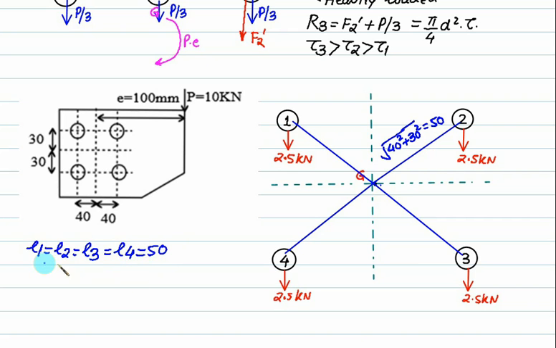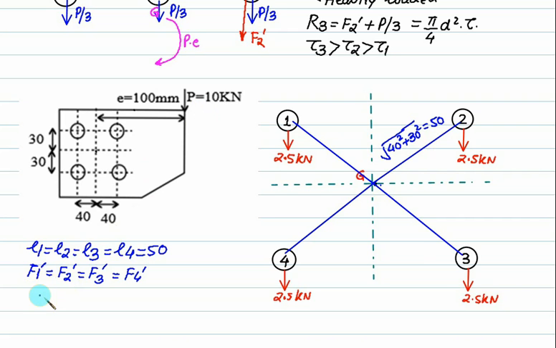Now their lengths are the same, so their forces are also the same, because force is proportional to length. So F1 dash, F2 dash, F3 dash equal F4 dash. All secondary forces are the same. How to calculate the forces? We have a formula.